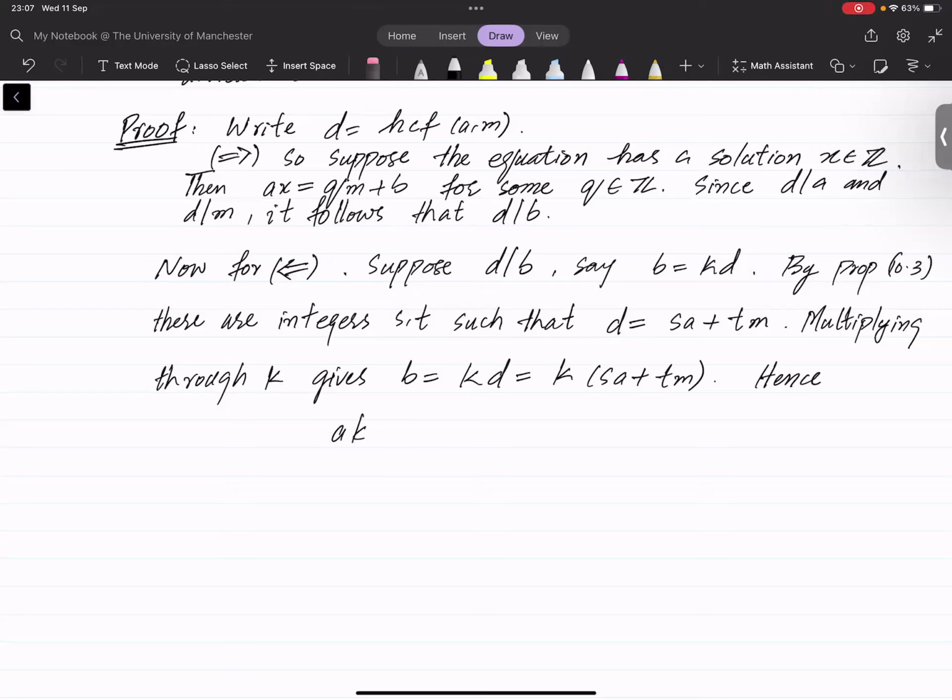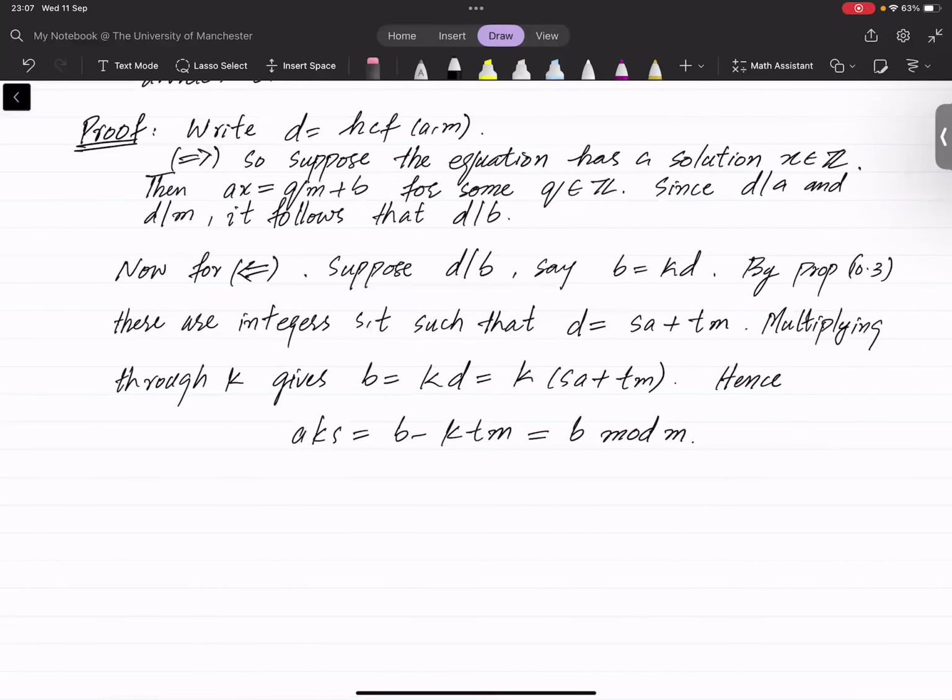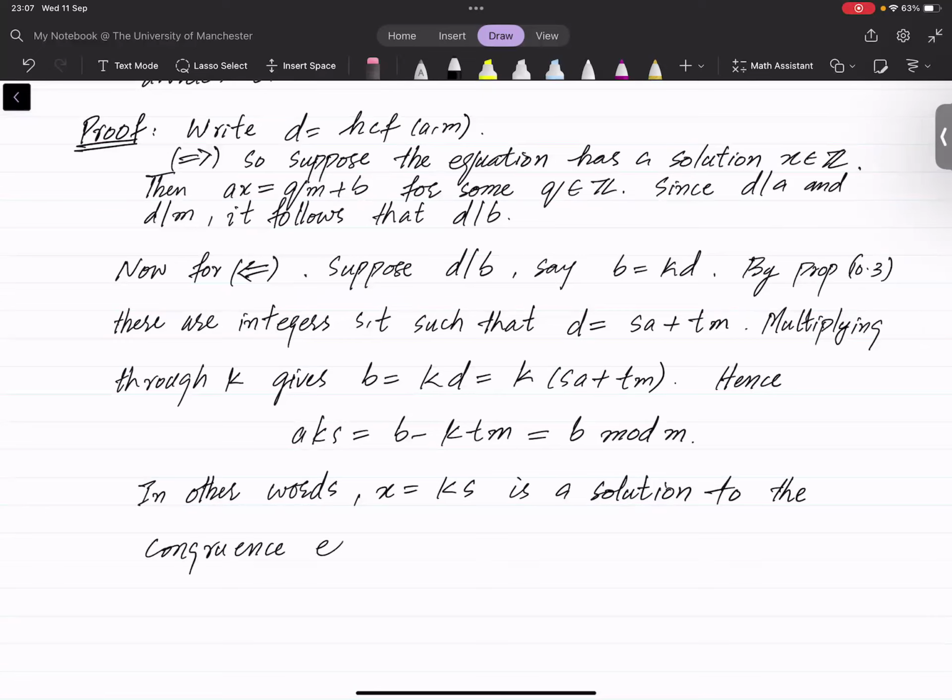Hence, AKS is B minus KTM, which is B mod M. In other words, X equals KS is a solution to the congruence equation. This will prove the proposition.